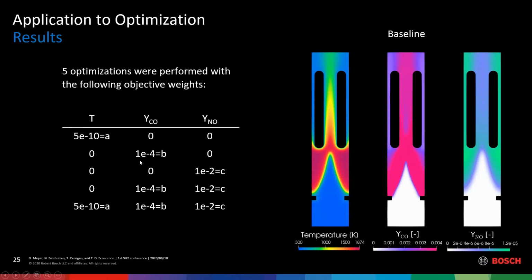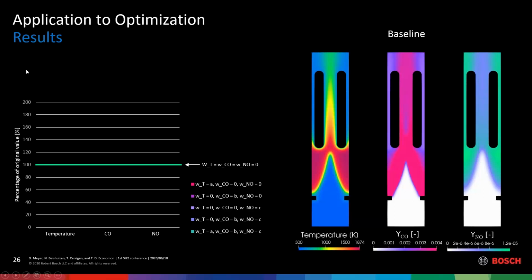The second optimization is an optimization only for carbon monoxide. The third one is one where we only optimize NO, and then 2 more multi-objective optimizations, one combination of CO and NO, and then one optimization where we optimize all 3 objectives.